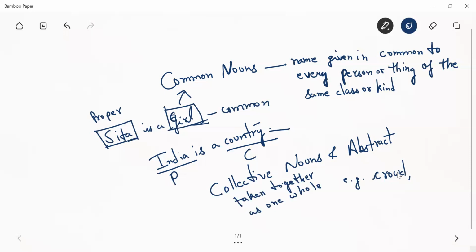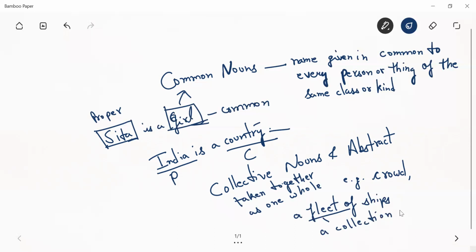A fleet, what does fleet mean? A fleet of ships. So when we say a fleet of ships, it does mean something. If you don't know, it is a group, a collection.